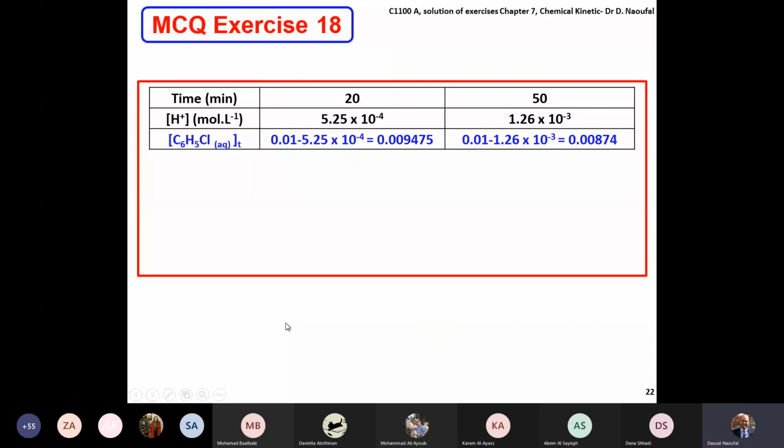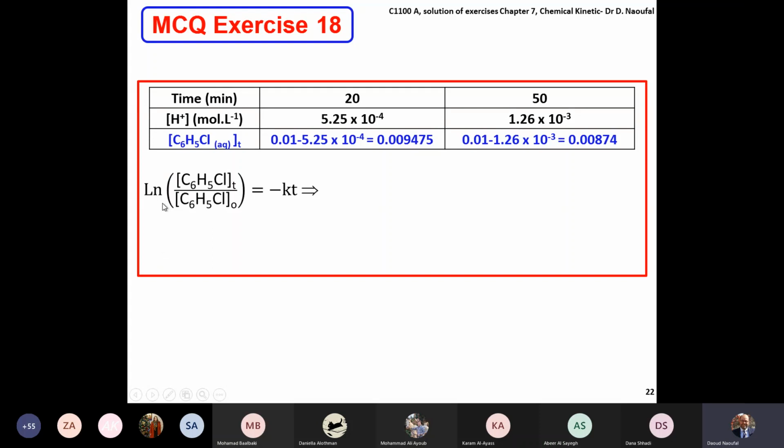So we complete the table, we add a row where we have C6H5Cl equal initial minus reacted: the concentration initial 0.01 minus reacted 5.25 times 10 to the minus 4, and at 50 equal initial minus H+ formed at 50. So we obtain the variation of C6H5Cl per time.